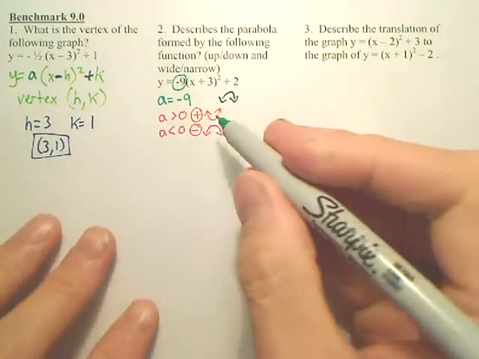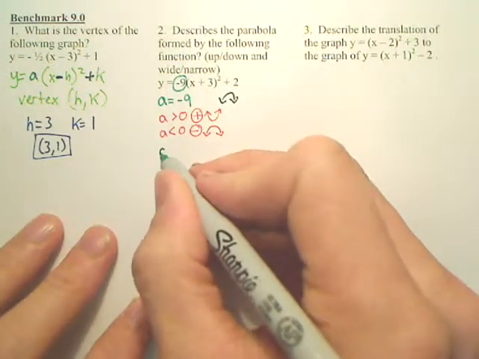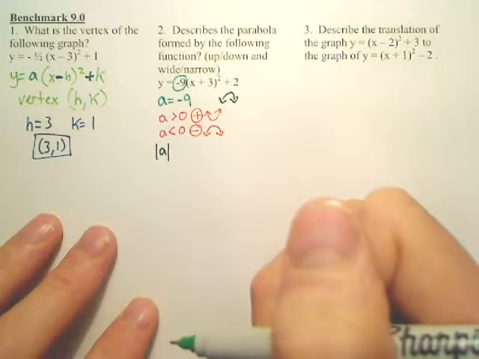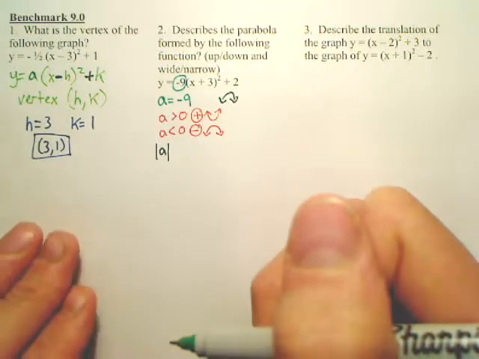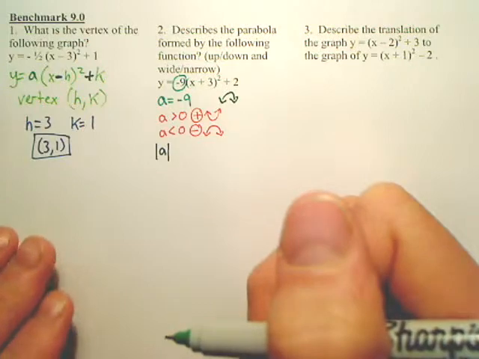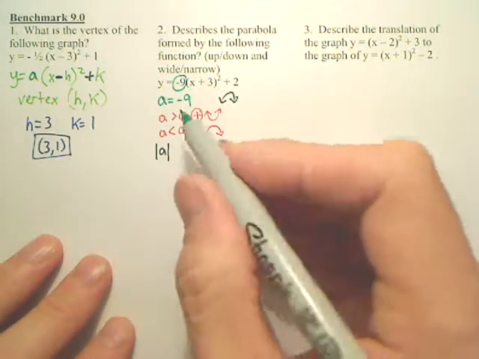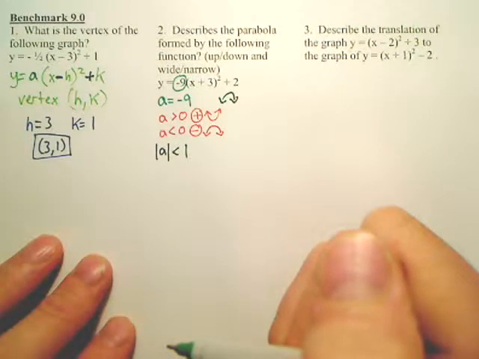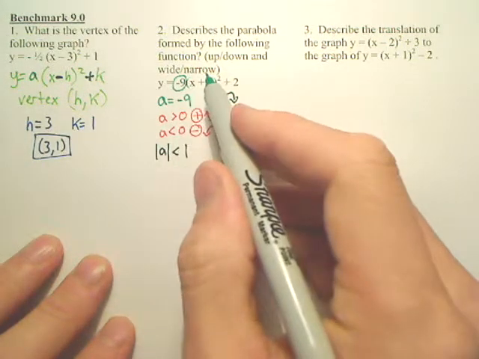Okay, next part. We have to talk about wide and narrow. If the absolute value of a, meaning ignore the negative, do you understand? Absolute value basically means whatever the value is, focus on the number and not if it's negative or positive. Now, if it is less than 1, it's either wide or narrow.